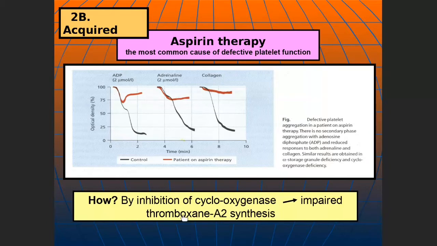Thromboxane A2 is a prostaglandin produced by platelets and it causes platelet aggregation. No thromboxane A2, then no platelet aggregation, impaired platelet function. Clear? Aspirin as an antiplatelet.